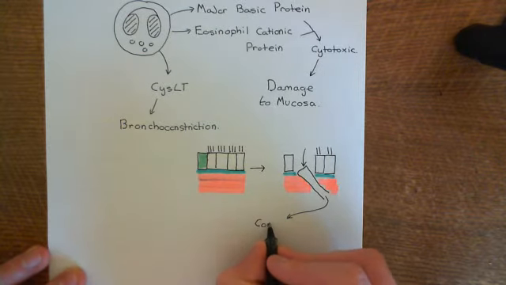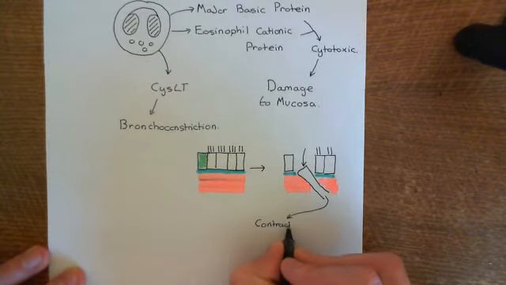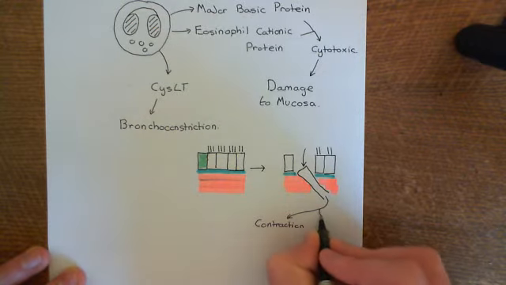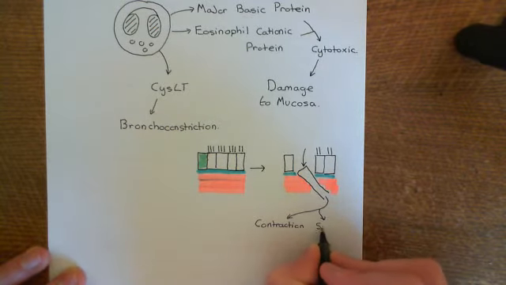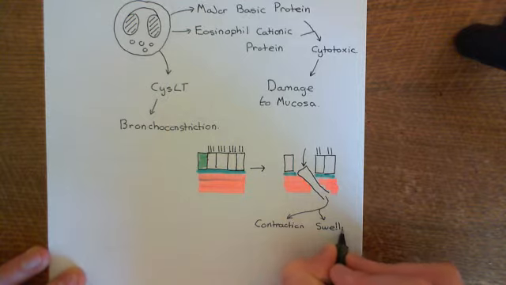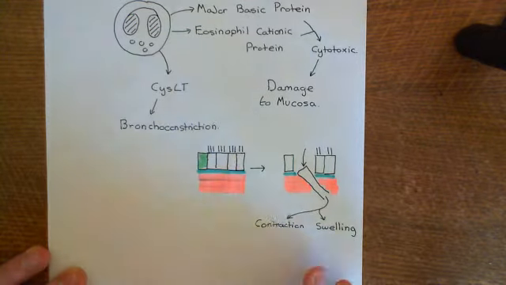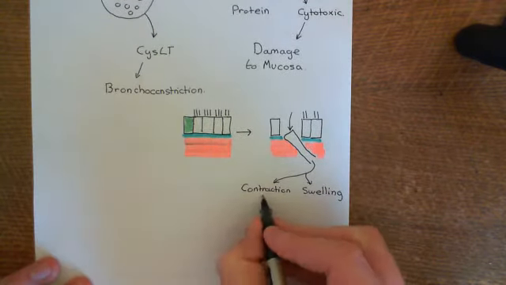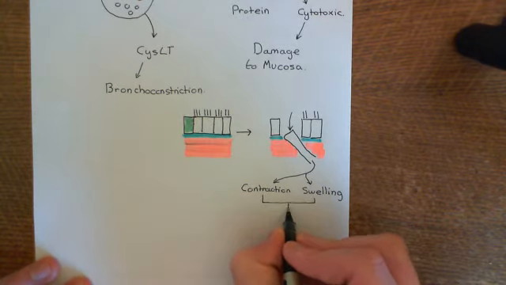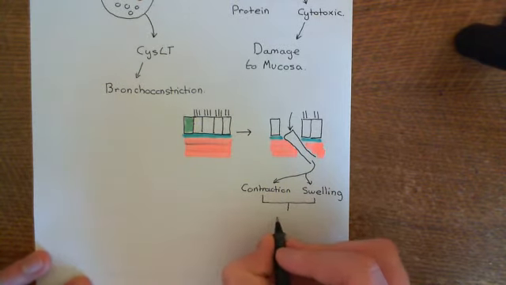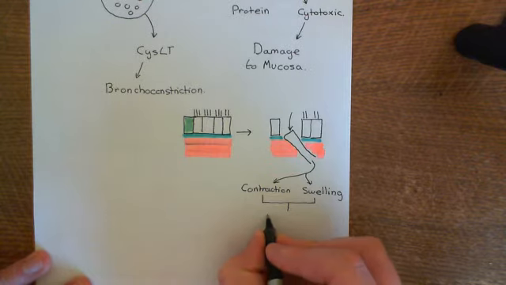Okay, so you'll get contraction and also the swelling of the lamina propria, and this will lead to the same thing as before, but it's now triggered by neurons rather than by mast cells. Okay, so this can lead to a non-allergic or an intrinsic or a non-atopic asthmatic attack.